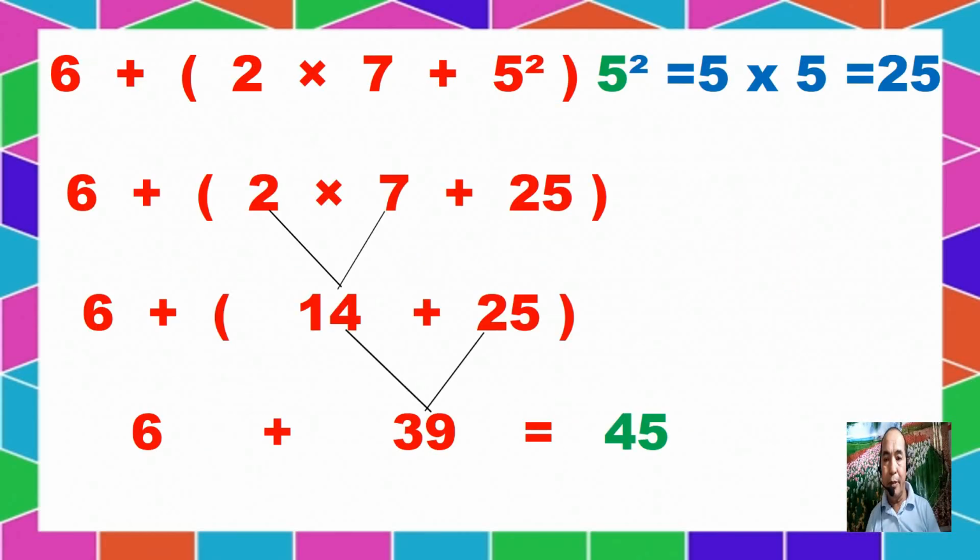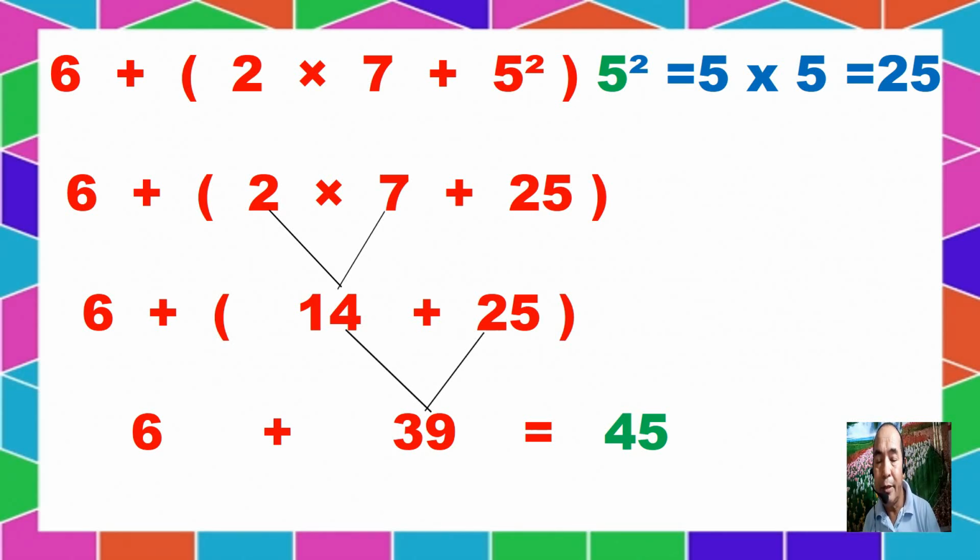Okay, let's do another example, still taken from your assessment. You have 6 plus quantity 2 times 7 plus 5 to the second power, or 5 to the exponent of 2. So, we have groupings inside parentheses.